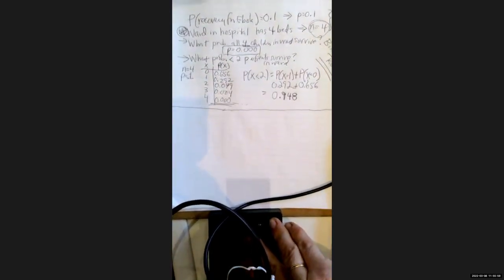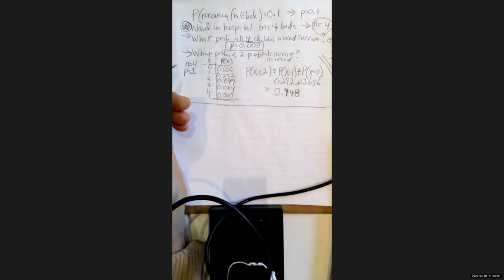All right, so let's look at an example where instead of looking at a single ward, which may be a little harder to understand why we might care about it, let's look at our whole hospital.